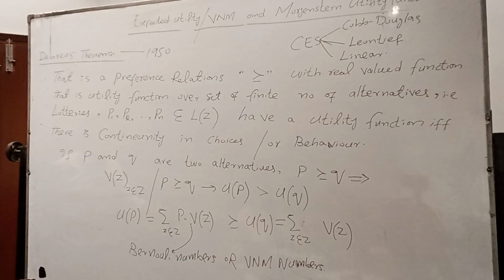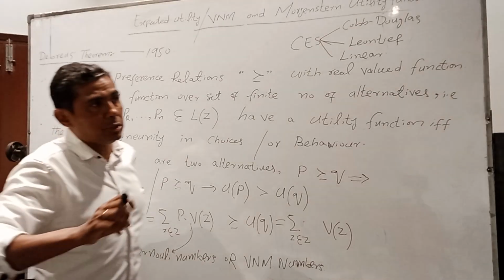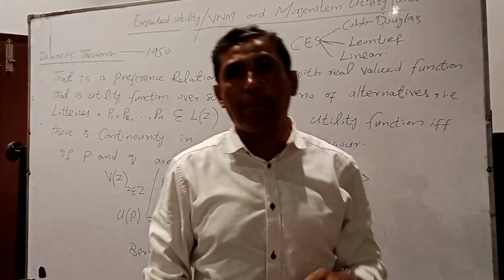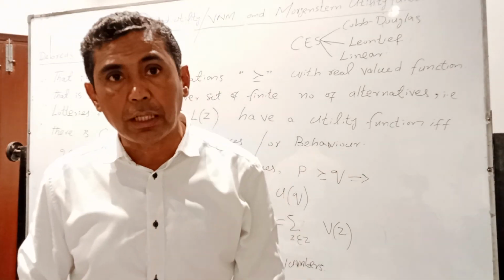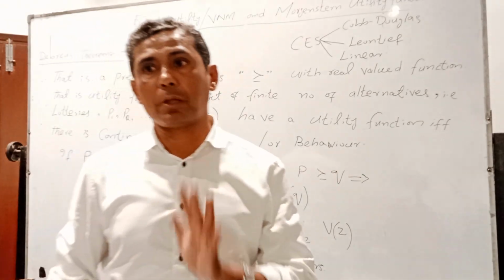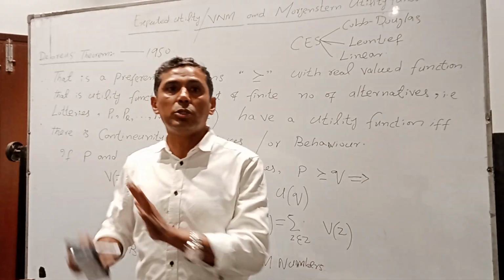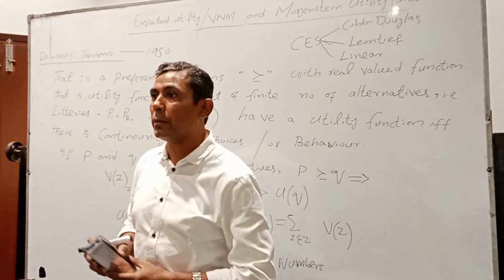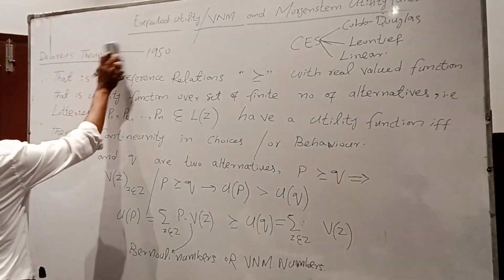Clear? So now we are moving to the nature of utility function, which will be applicable in certainty as well as in production. It will be applicable in all three, which we are discussing here today in the case of uncertainty.